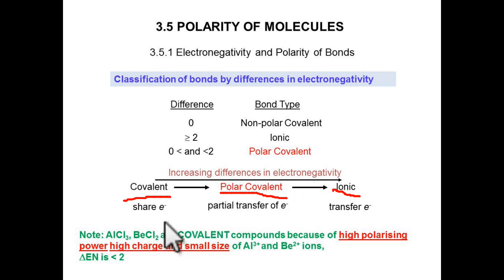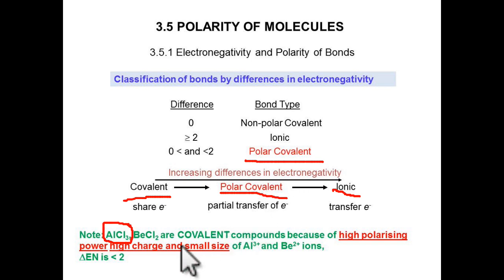That is the reason some of the students do ask me about aluminium chloride. Aluminium chloride is a very classic example. If you subtract the electronegativity values, you will notice the value actually falls in the region of the covalent bond, polar covalent bond, around that.